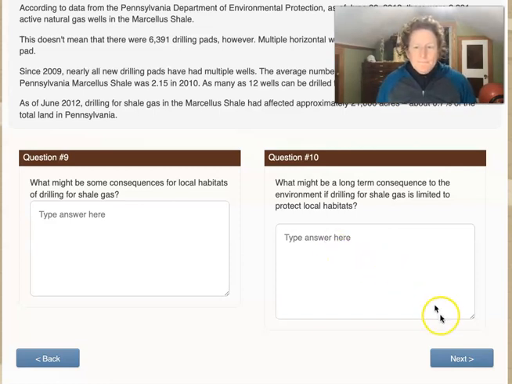It's harder to get heat. Or we might have to burn coal to heat our homes with electric heat. We might have to burn wood, which leads to deforestation. There are a lot of possible long-term consequences. Some of them are good, and some of them are not so good from not drilling natural gas. It's not an easy answer.